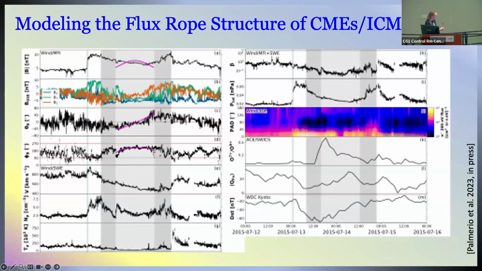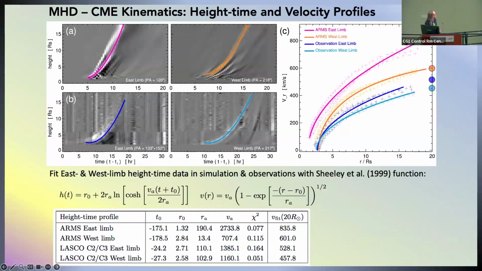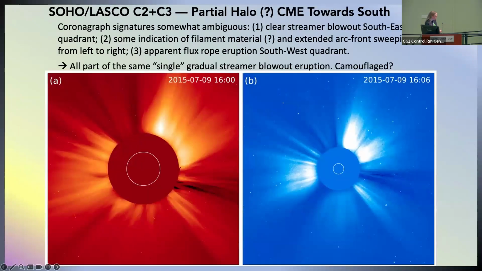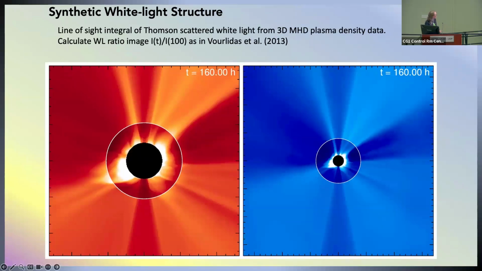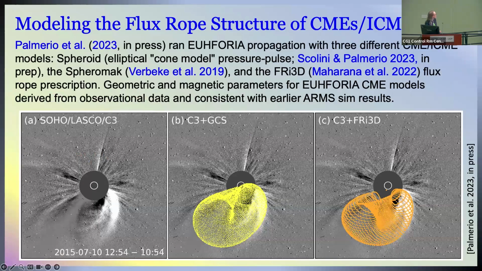But you've got all these composition enhancements as well. So hot oxygen, moderate iron, and then in this particular CME, because there was a period of southward field at the beginning, you even had a reasonably moderate storm for this particular event. And that's kind of a weird thing for an eruption that happened so far south.